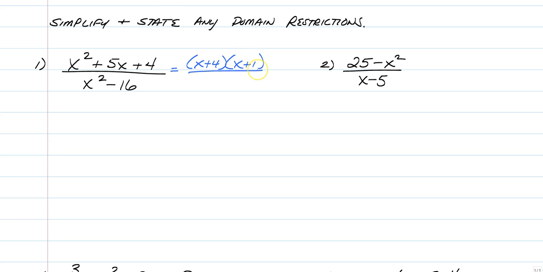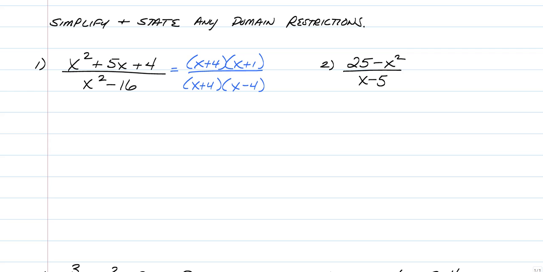And that is over. Now all we're going to do is factor our denominator. X squared minus 16 is an example of the difference of 2 squares, which would simplify to x plus 4 times x minus 4. And what we're going to do now is look for the exact same terms. Now, when I say that, I mean don't cancel out an x and an x if they're in parentheses or in a group.